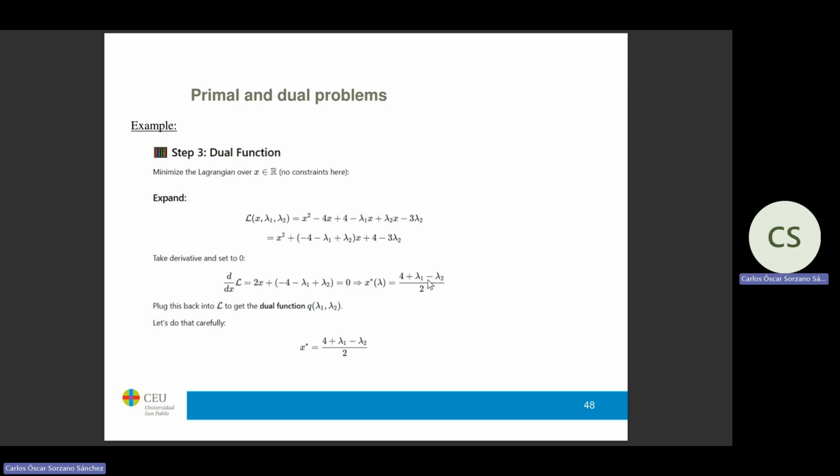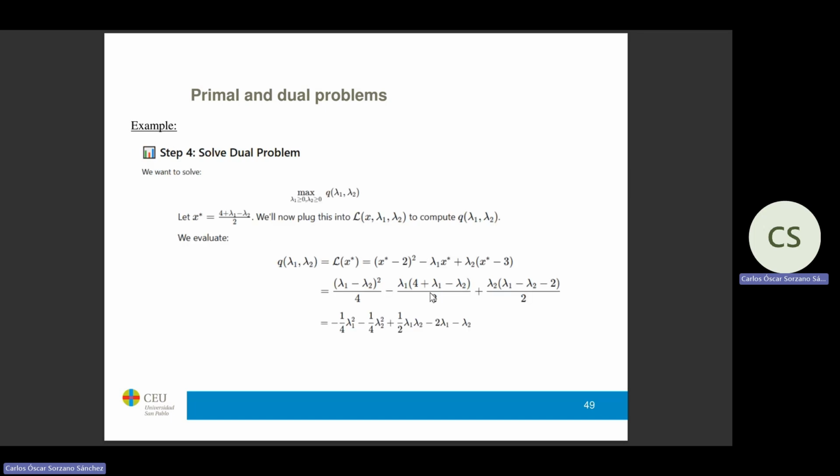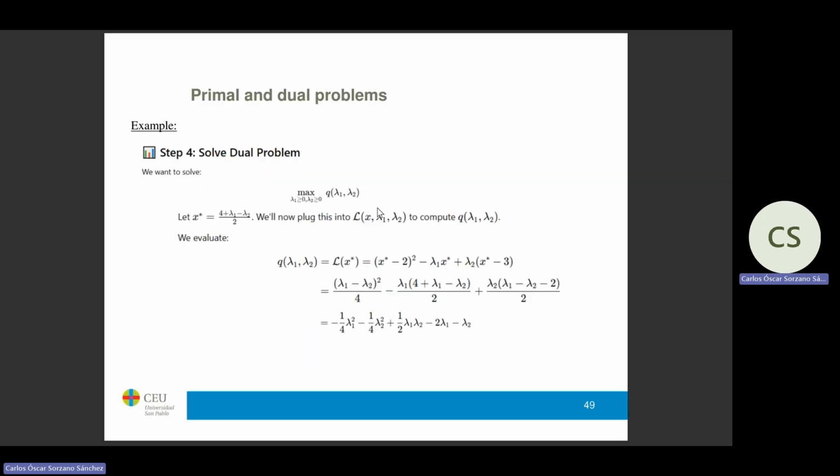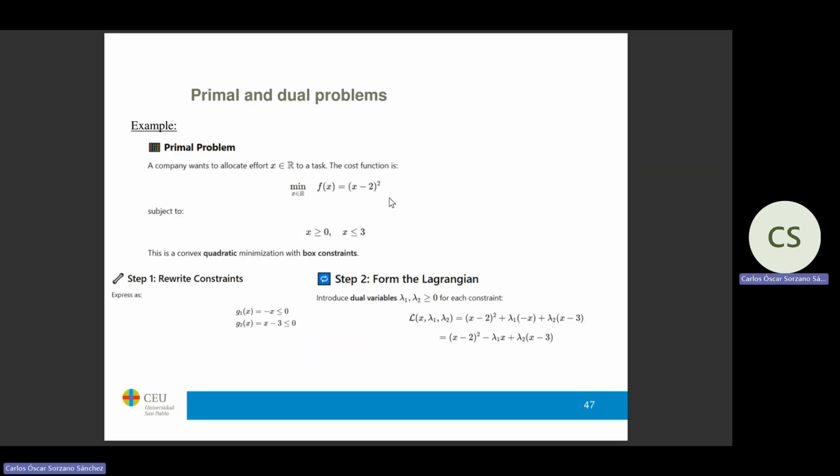But we know that lambda 1 and lambda 2 are 0. So the best solution for this combination is 4 divided by 2, that is 2. And so now we have that the maximum of the dual function is 0, and so in our Lagrangian, these two terms disappear, and that means the two constraints are not active.